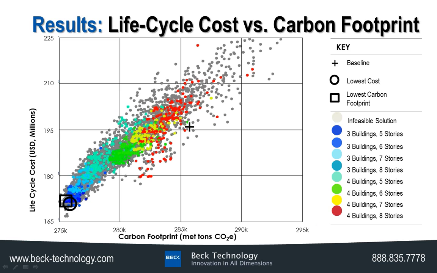So each one of these dots is a full-blown Profiler model. And currently, we've got it colored by the different building representations. So for example, the blue here is a 3-building, 5-story option versus the red, which is a 4-building, 8-story option. And again, this baseline, this is the initial building.